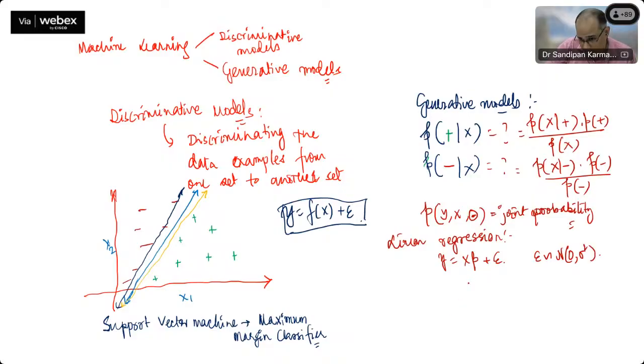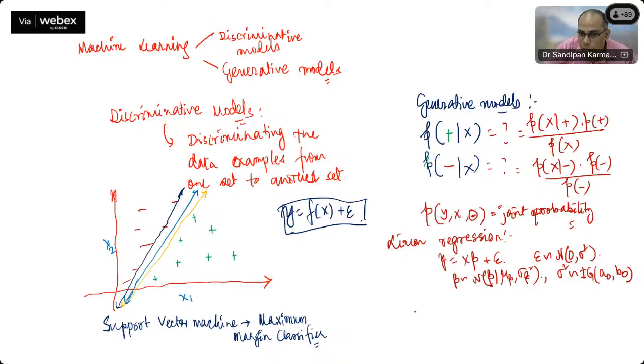Now the beta, I am assuming that it is also following a normal distribution with mean mu beta and variance sigma beta square. Along with this, the sigma square is following an inverse gamma distribution with A naught and B naught. In this way, I am having a hierarchy.